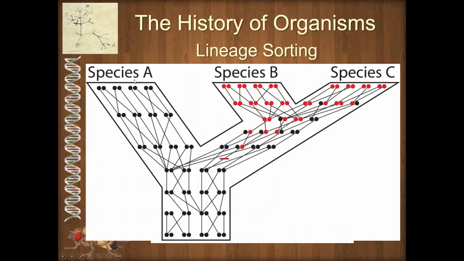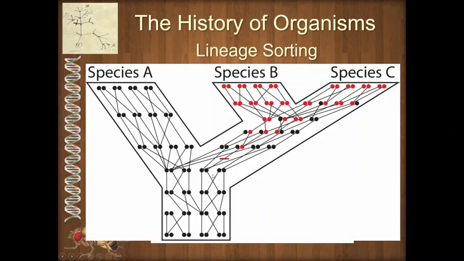These guys would have all the black allele, and these guys would have the allele represented by the red dot. And so if we were only using this gene, we might infer that species C is more closely related to species A, even though it's more closely related to species B. So that is called lineage sorting, and it's the third reason why gene history may not match species history.